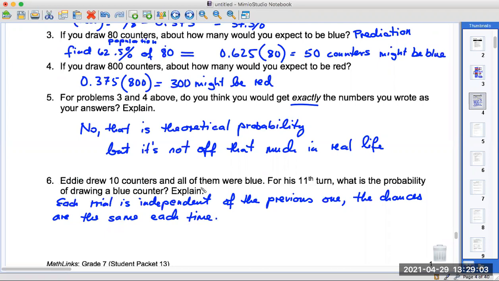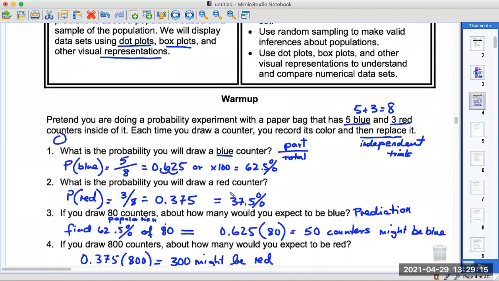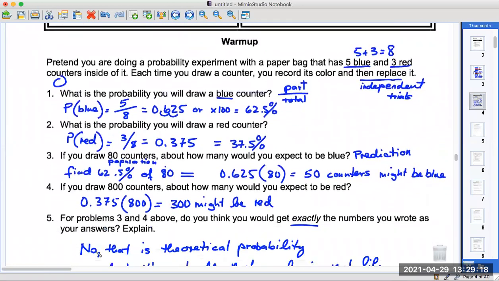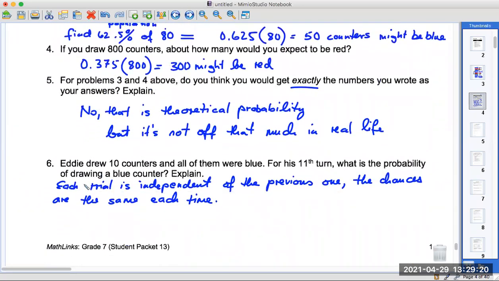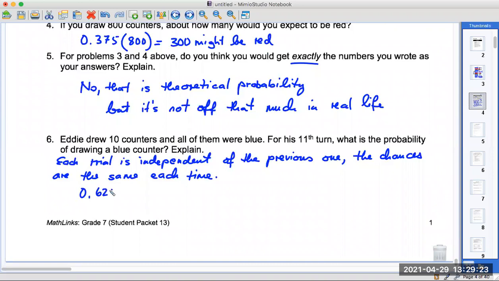Okay, so Eddie drew 10 counters. What is the probability of drawing a blue counter? And so we need, blue was 0.625 out of 10. So 0.625 times 10, because he drew 10 counters, and that's 6.25 counters. No, what am I doing?